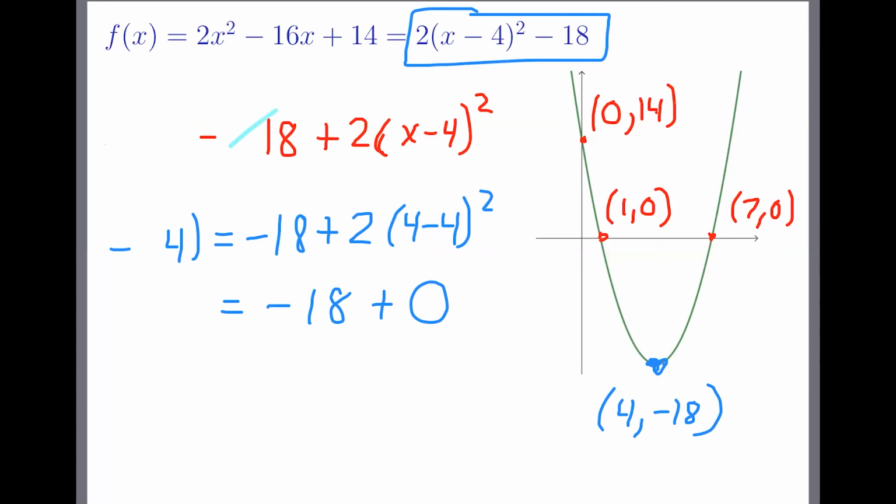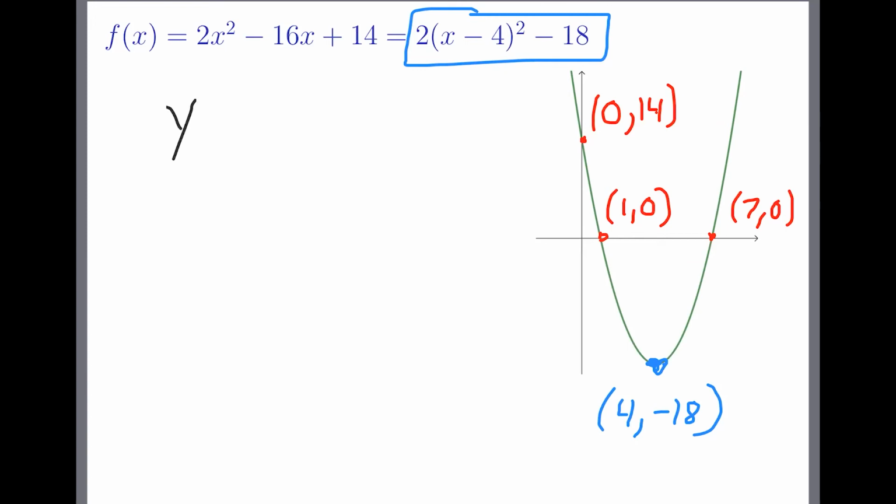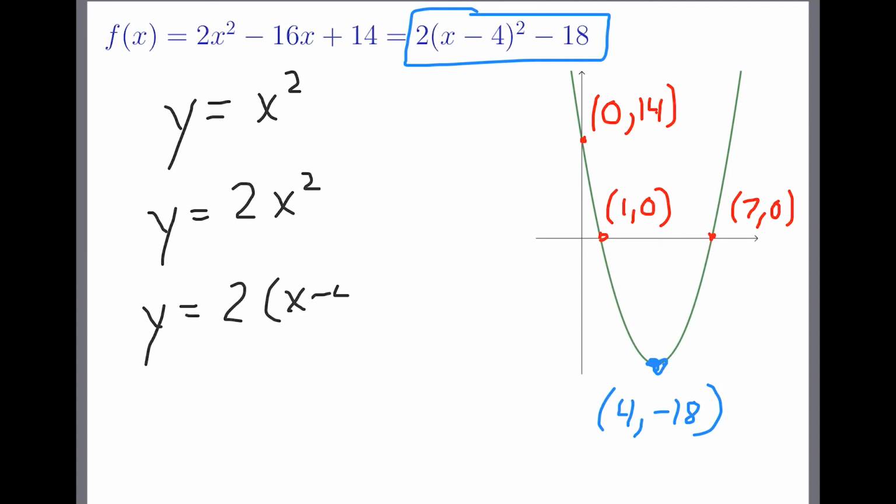One other way you can actually think about this formula that's on the right side up here is that it's basically taking the function y equals x squared, and you're doing a few things to it. You're taking y equals x squared, and then you're stretching it vertically by a factor of 2. And then you are shifting it to the right by 4.